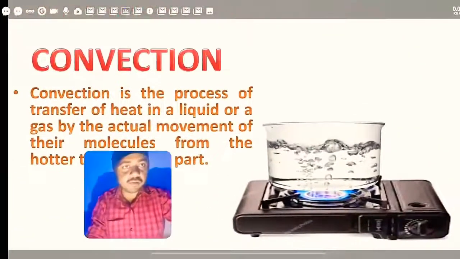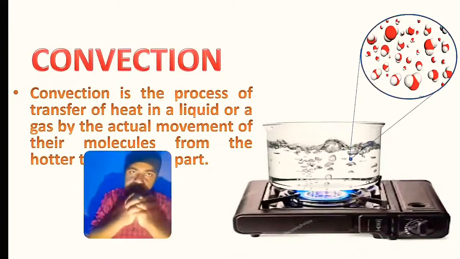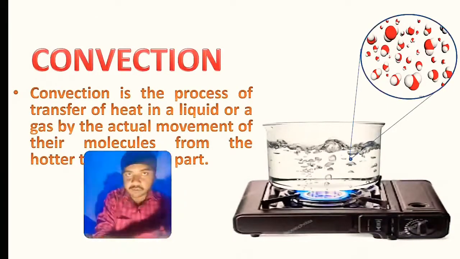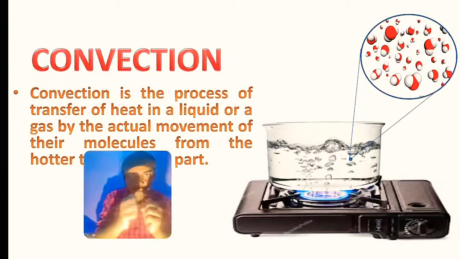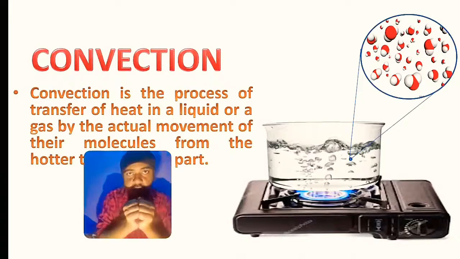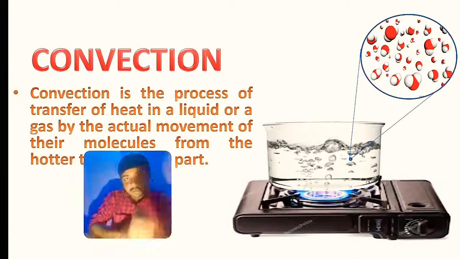If we try to look inside it, water molecules are not closely packed like the iron rod we just witnessed. They are close enough, but not joined together, so the molecules can't transfer heat from here to here. It can't jump in this condition. So what they do is heat up individually.